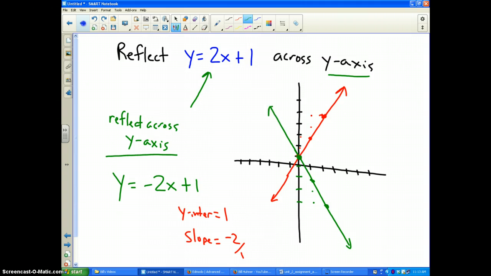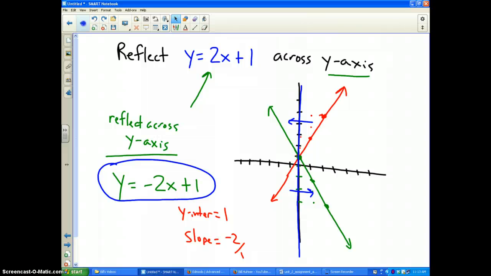Does it look like it's a reflection across the y-axis? Well, it sure does. Here's the y-axis in blue, and it definitely took my red line and flipped it across the y-axis. And so it works. And so here would be the answer if I asked you what is the function that would flip y equals 2x plus 1 across the y-axis.